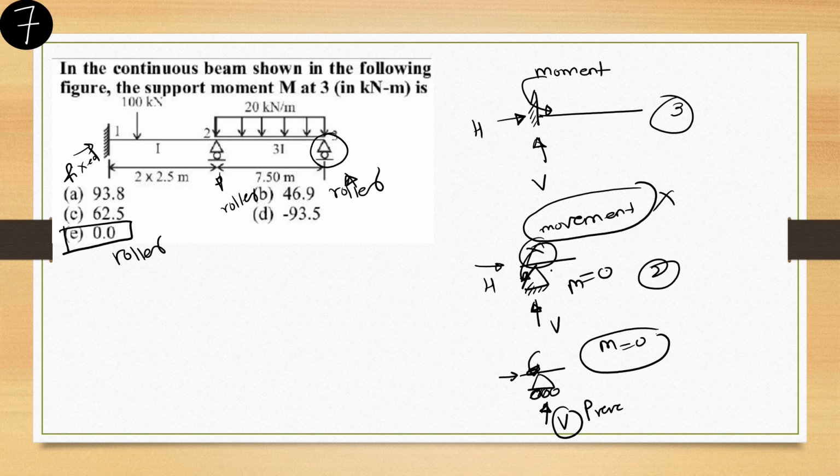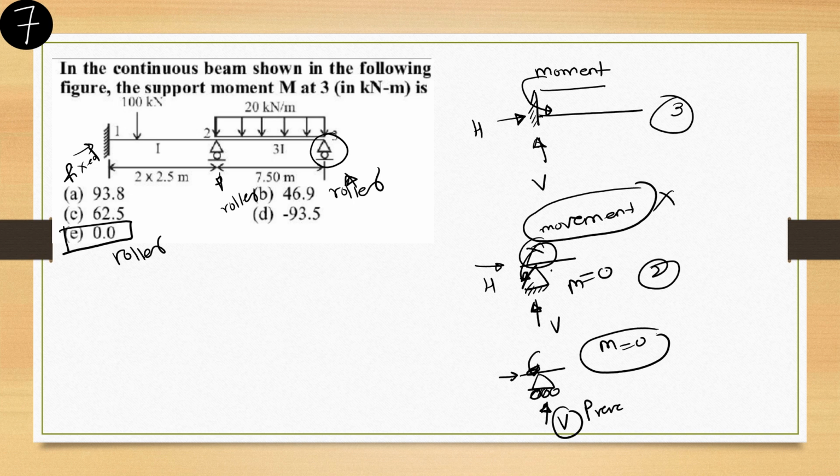But for a fixed support, there is a value which restricts the rotation, and that moment value we need to calculate. In case of roller and hinge supports, there is no restraining moment value because rotation happens freely.